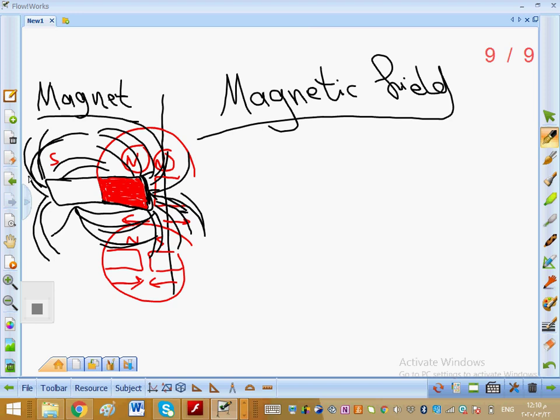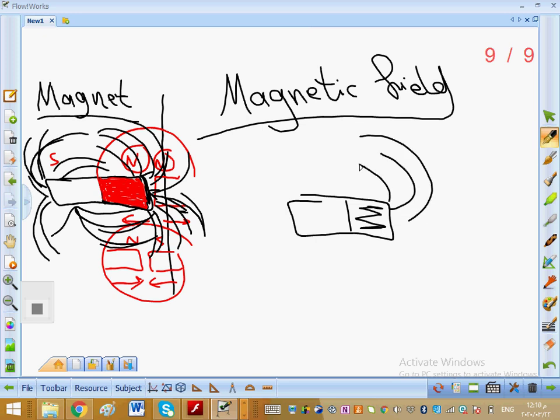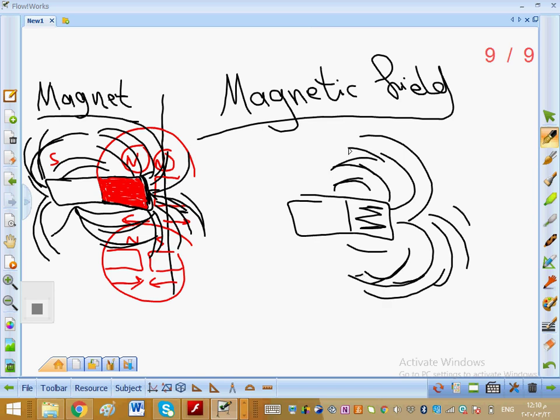So the magnetic field is an area around a magnet where the power of this magnet, this force, acts.